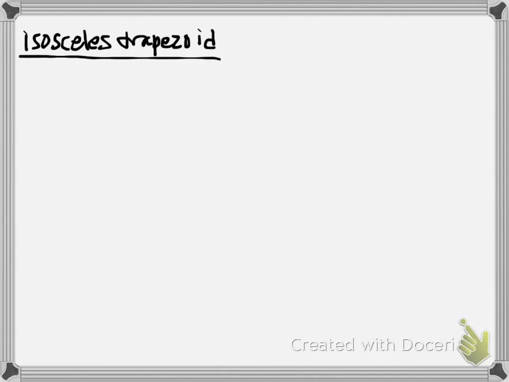And what's going to make an isosceles trapezoid unique compared to the other trapezoids? It has nothing to do with the bases, it has everything to do with the legs. And so if we have legs that are congruent, then the trapezoid is called an isosceles trapezoid. So it's a trapezoid with congruent legs.